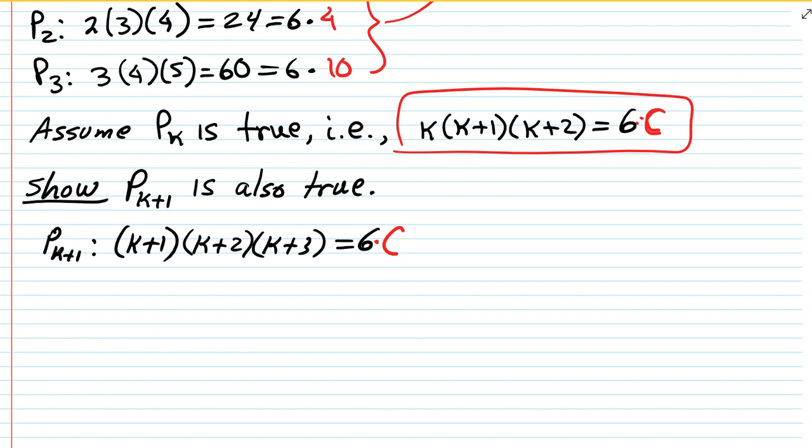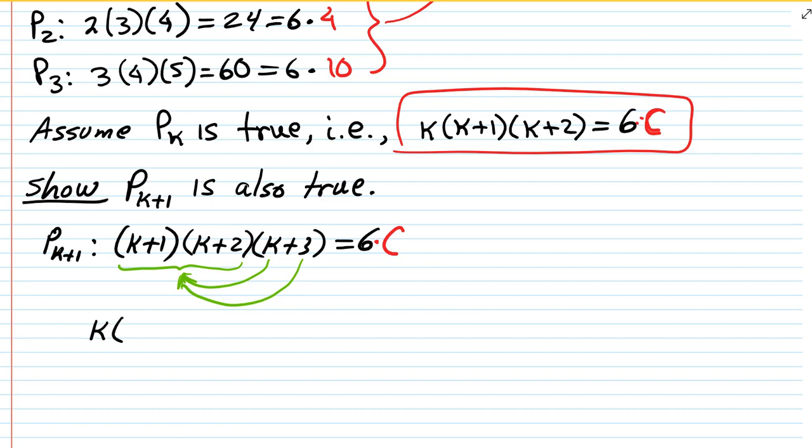Now, to show this one, I have k plus 1, k plus 2. Okay, let's do this. I'm going to keep those two factors, and let's distribute k and 3 to both of those binomials. So what am I going to get?